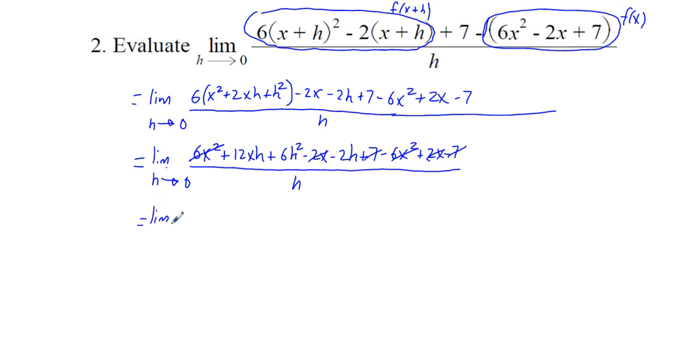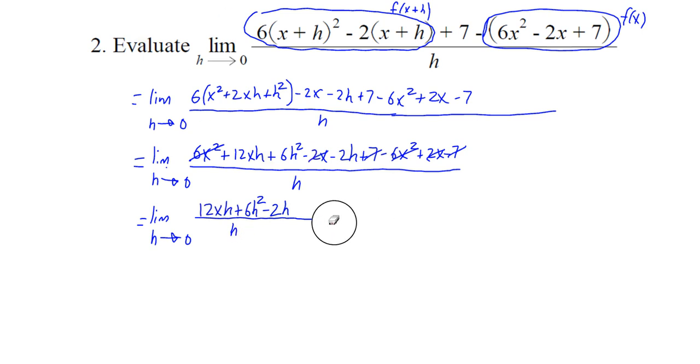Limit as h approaches 0 of what we have left here, which is just going to have h's in it. So we have 12xh plus 6h squared minus 2h. And I think everything else is accounted for, all over h.